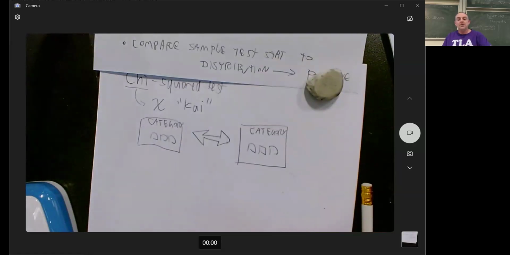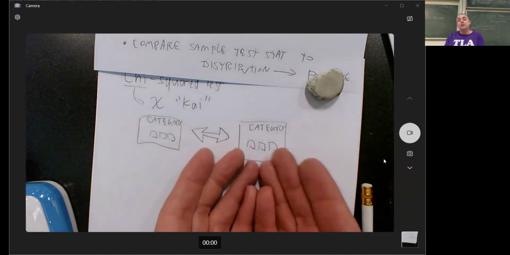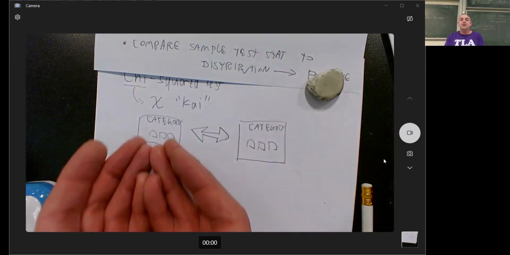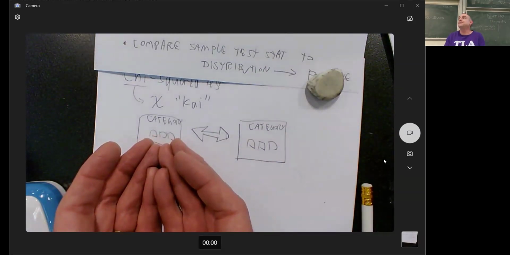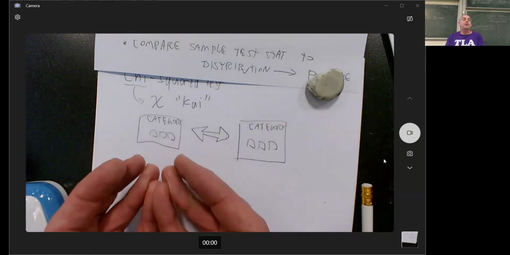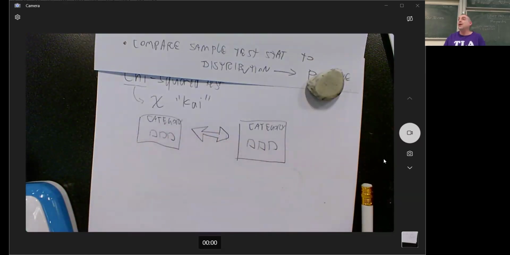Does having chili in your meal seem to make a difference to whether you feel hot after eating it or not? And anything that you could think of. Does treating rabbits with love and care make a difference to whether their wound heals faster? So like, does the wound heal within 1 day or within 1 week or longer? As long as you can treat them as categories, it doesn't really matter what you do. You can always use the chi-squared test.